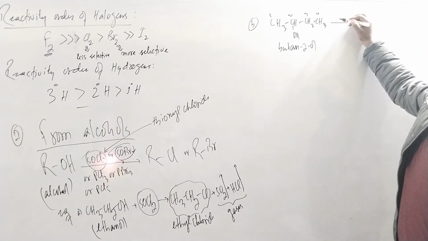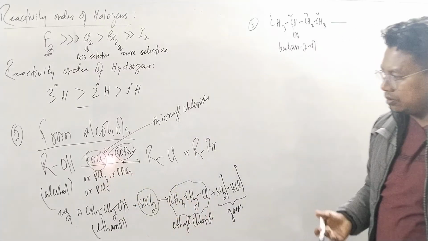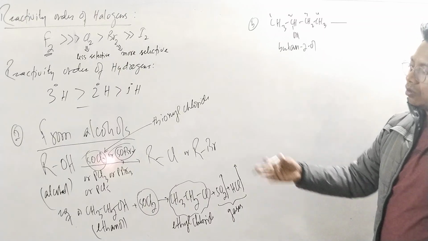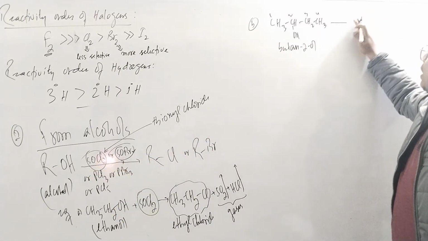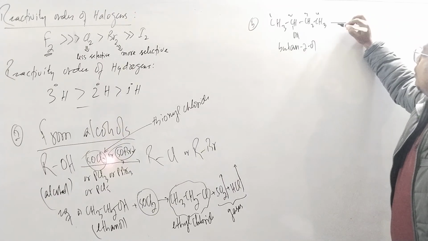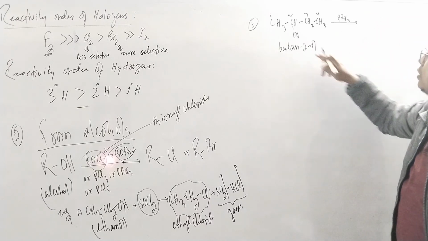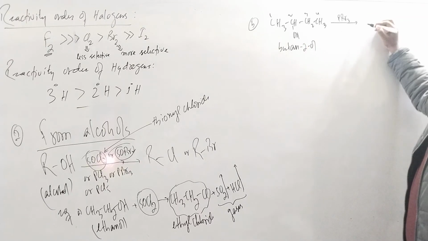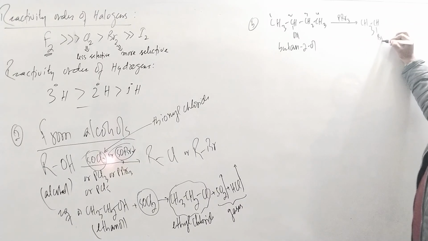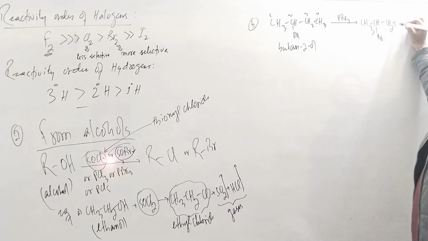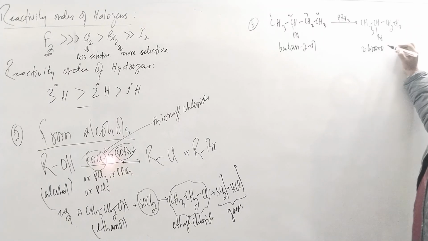When this is reacted with either PCl3, PBr3, PCl5, or SOBr2 or SOCl2. I am reacting this with, for example, PBr3, then this OH is substituted by Br. So we obtain 2-bromobutane.